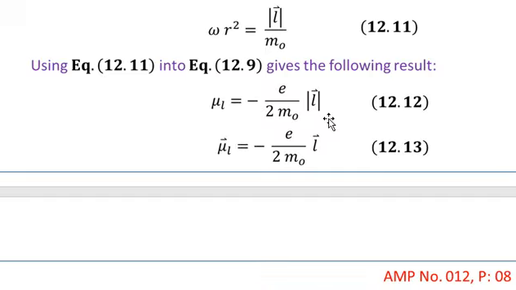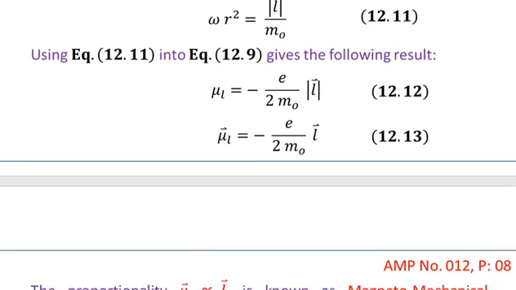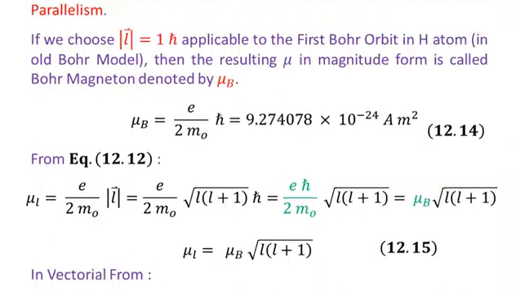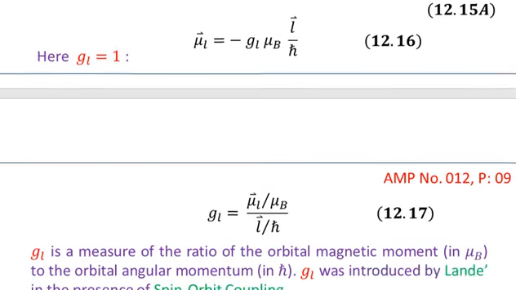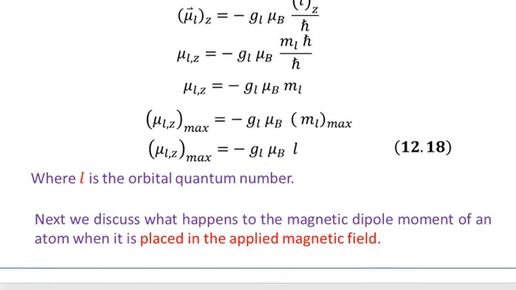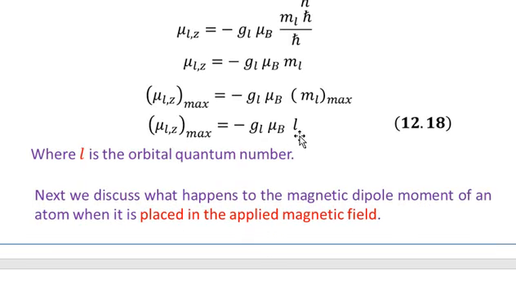But if I show a quantity L that is neither in the form of a vector nor in the form of a magnitude, then you will assume that quantity is the quantum number. So you can discriminate the quantum numbers from the corresponding quantities. So here L in equation number 18 is the orbital quantum number.